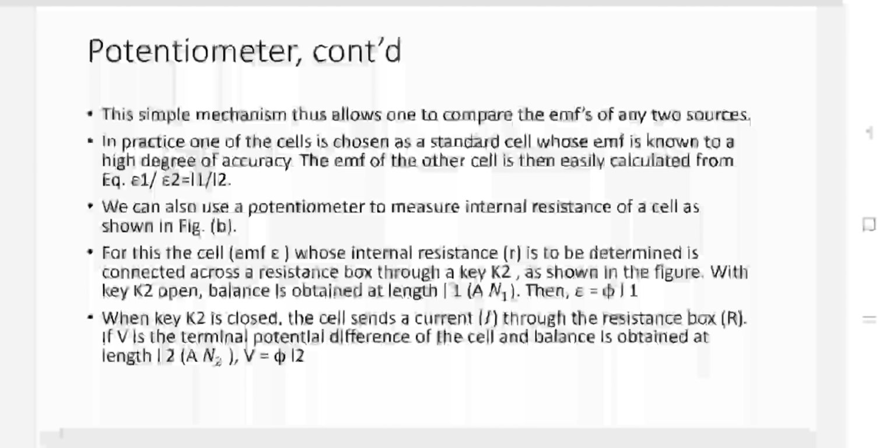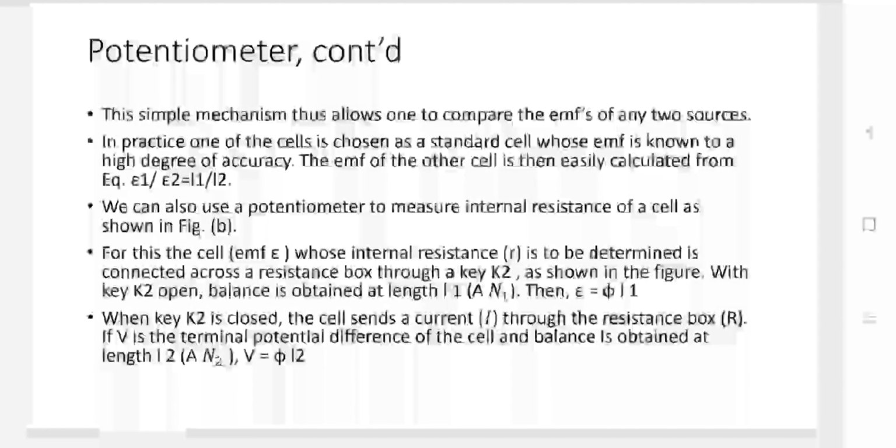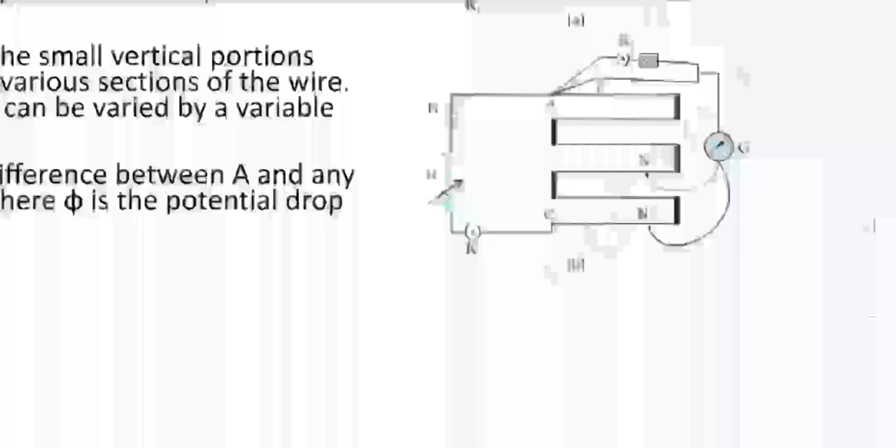Now this kind of condition can also be utilized to measure the internal resistance of the cell. For that, for example, refer to this diagram. Here, one cell is connected at point A. In parallel with that, a resistance box is connected via the K2 plug switch. Now, we want to determine the internal resistance of the cell.